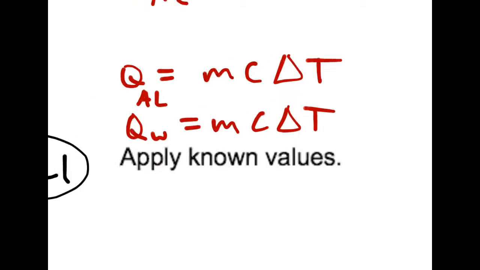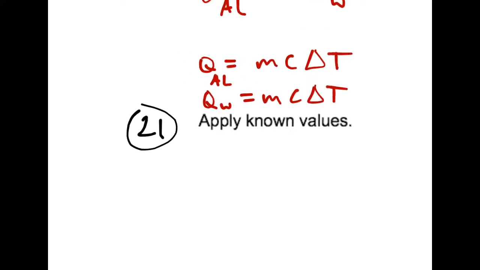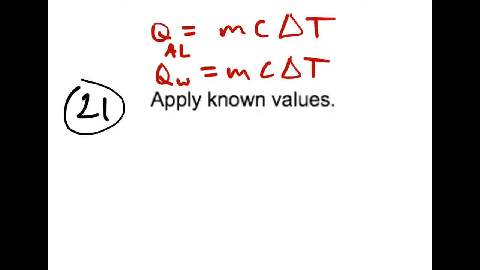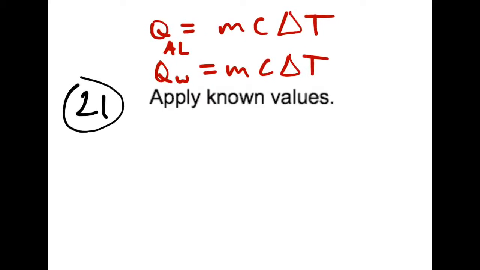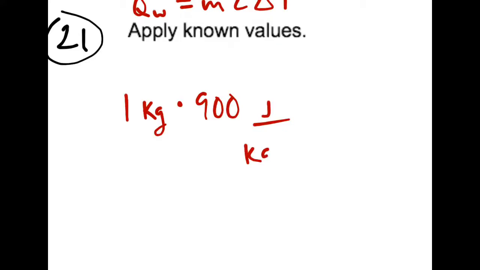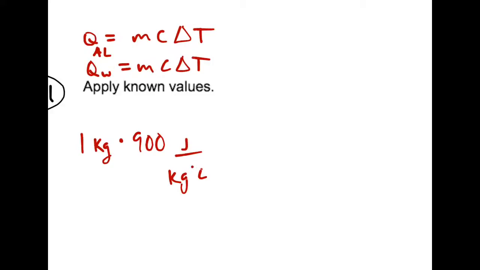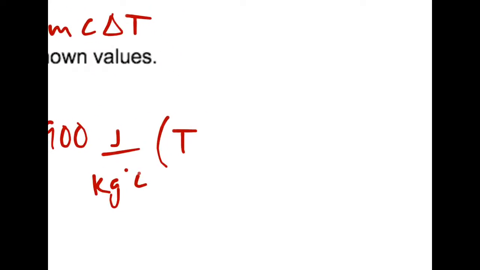For aluminum, I have the mass of aluminum, 1 kilogram, times the specific heat, 900 joules per kilogram degrees Celsius, times the temperature difference, T sub F, which is the same for both water and aluminum, minus T sub 0 for aluminum.